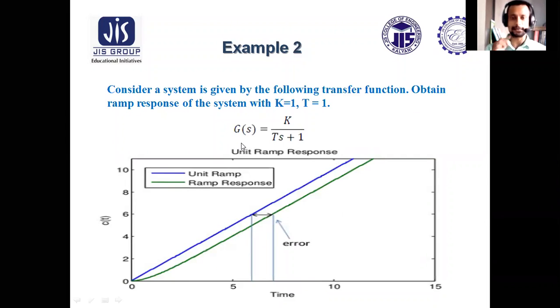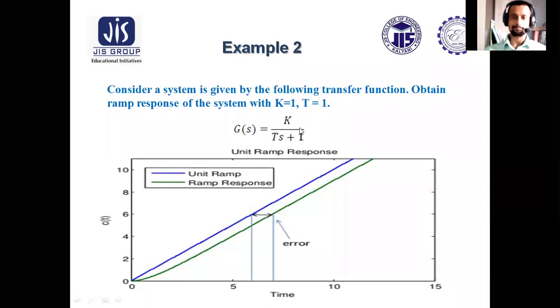Now let's consider this case. For this general transfer function, if K equals 1 and T equals 1, what would be the response curve? See, this blue line shows the input, a unit ramp input, and this green line shows the actual output, and the difference between these two is the error.